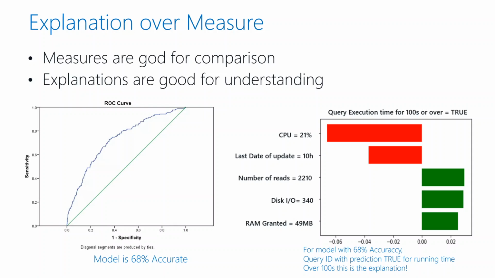It was because of disk I/O and not the last update date of a particular index. And you will also get the accuracy of a model, which is again something very fruitful and very powerful for the DBA. I'm just going to go to the last slide because I'm running out of time.